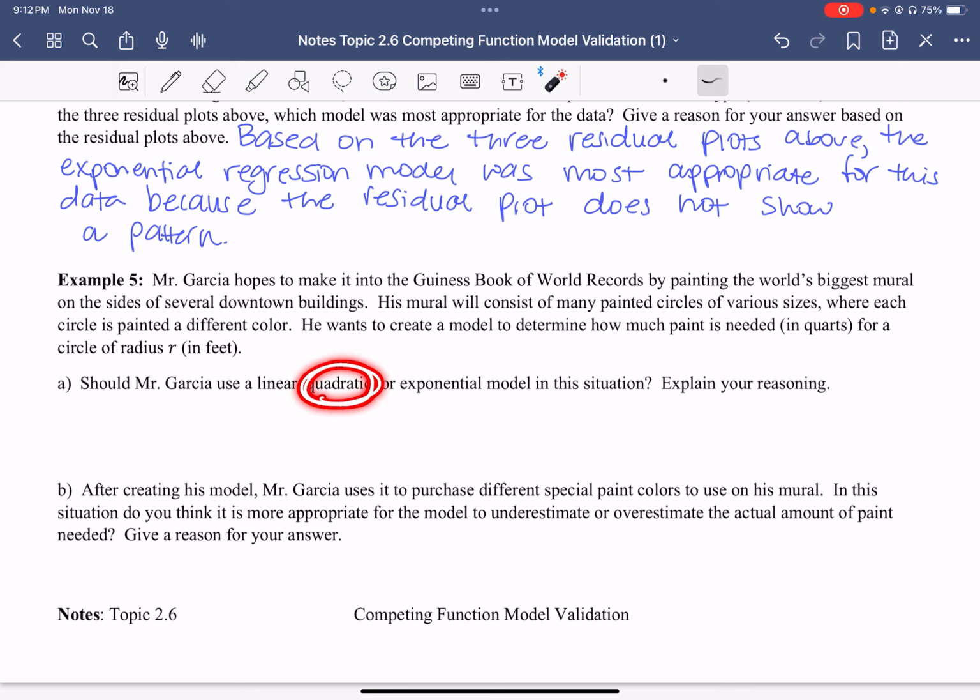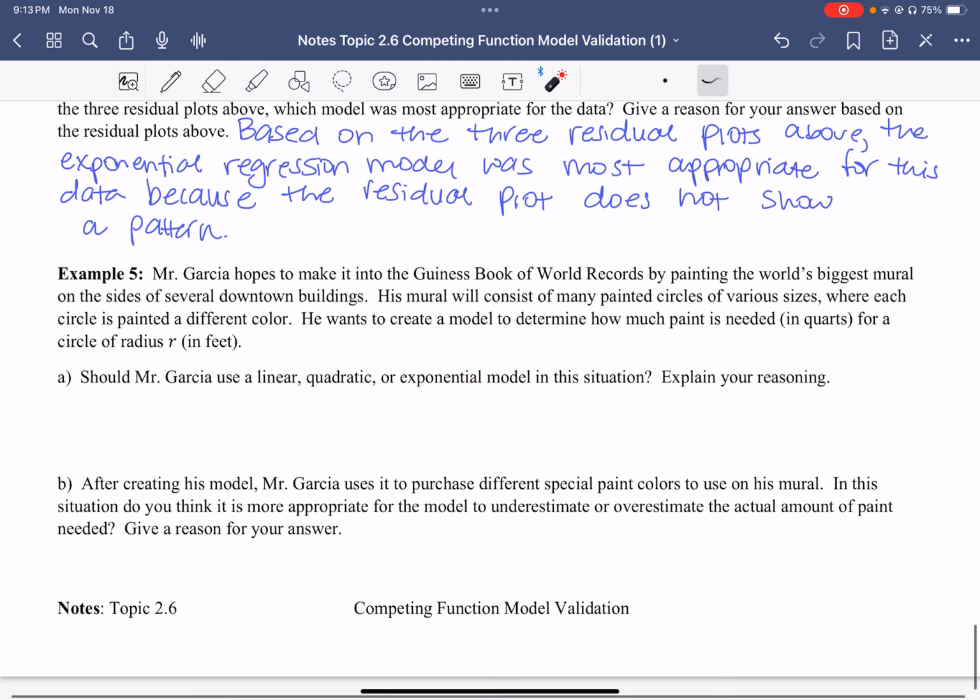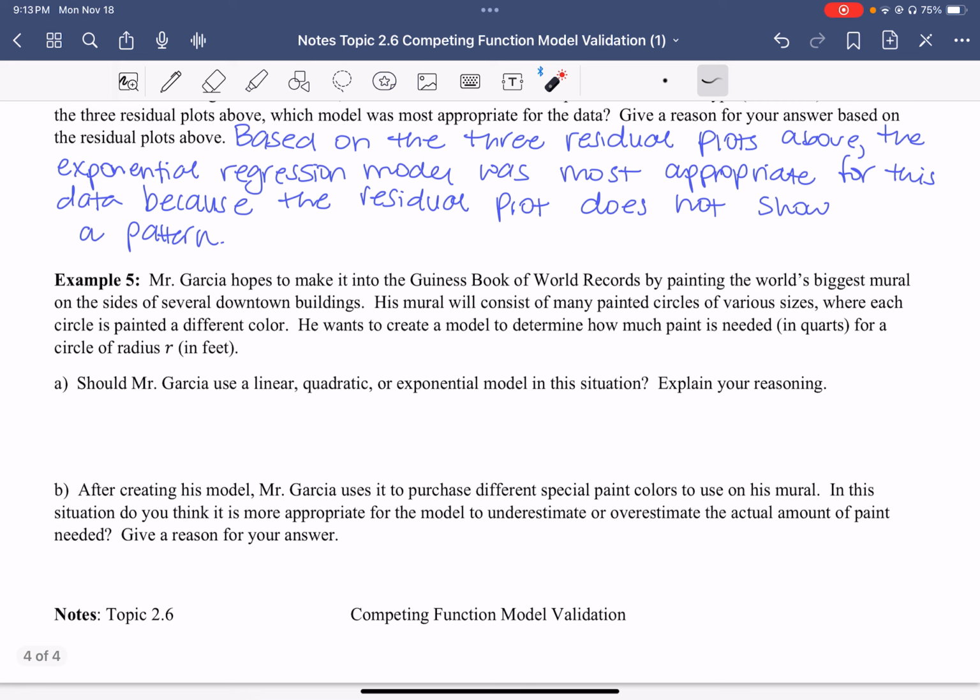For quadratic models, remember that it is absolutely anything that has to do with area. We talked about that in topic 1.13. And then exponential models are mainly going to be like population growth, the depreciation of a car, an interest account, something like that, or anything that has to do with a percentage. Okay. So we're talking about painting.